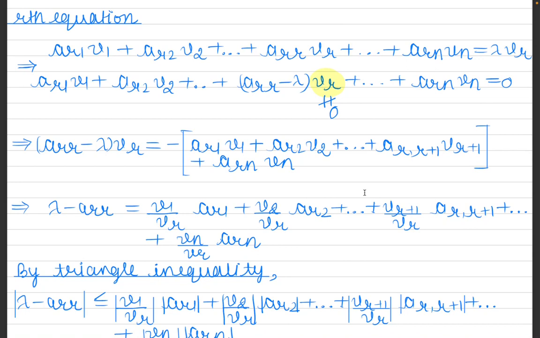You'll have AR R plus 1 VR plus 1. Okay, let us put in the plus in the bracket, plus ARN VN, right?